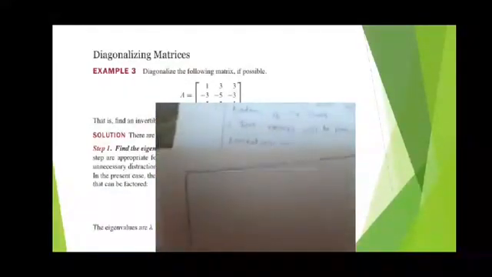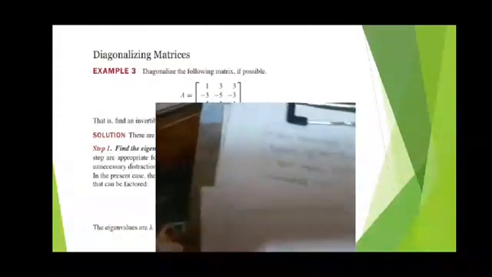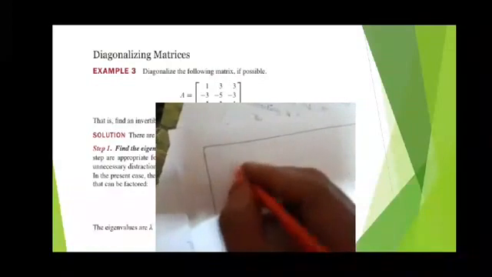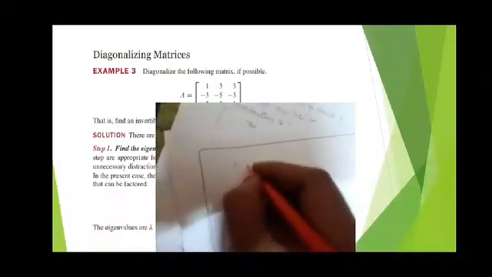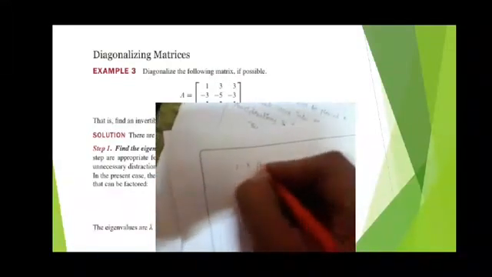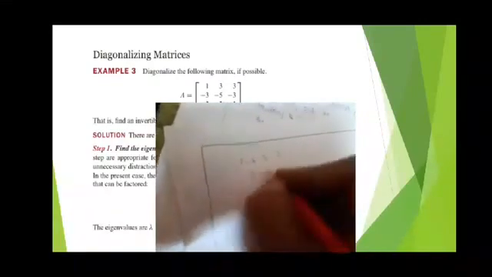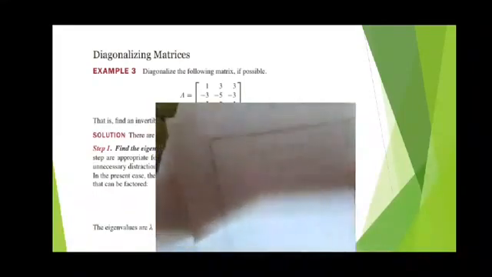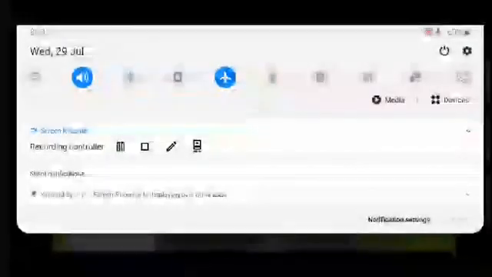So here we have the matrix: 1 minus lambda, 3, 3; minus 3, minus 5 minus lambda, minus 3; next 3, 3, 1 minus lambda.